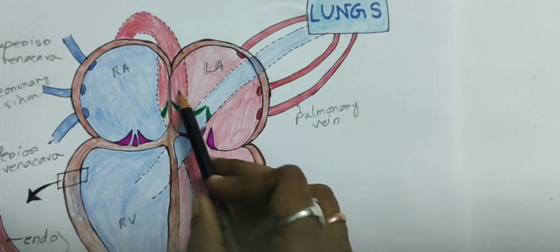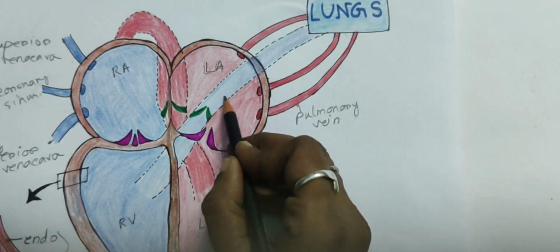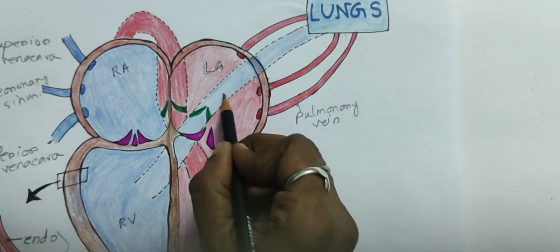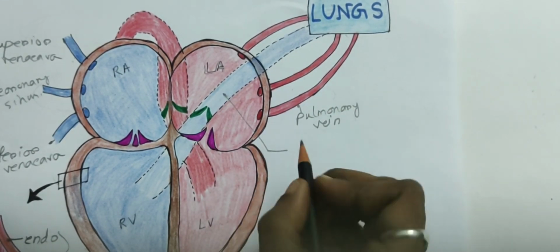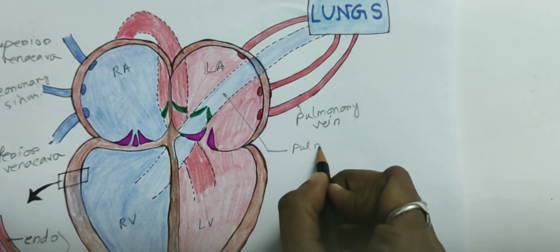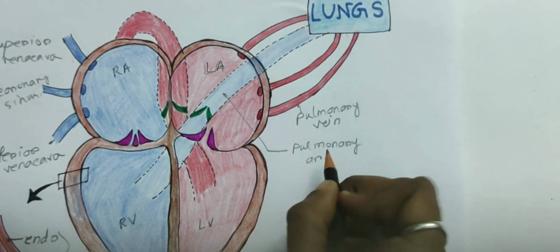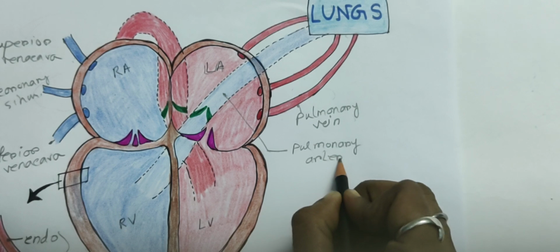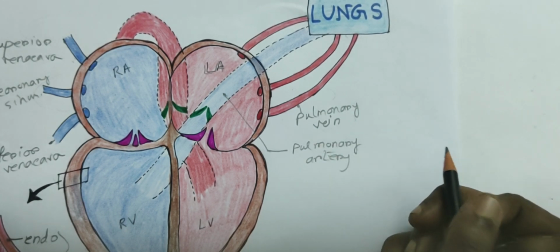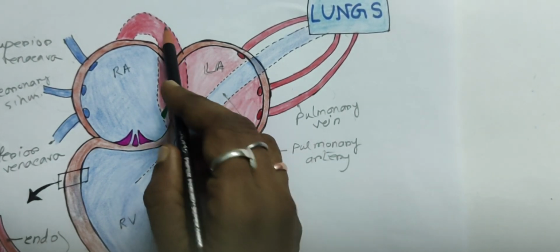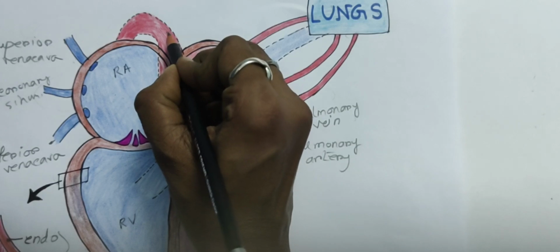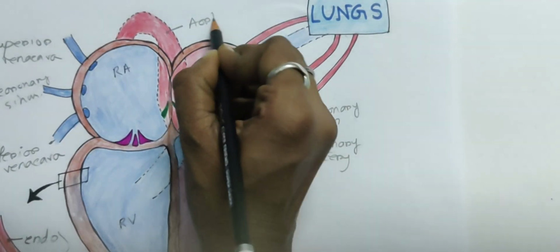Another two pipelines are there. This is the pulmonary artery. And this one is the aorta.